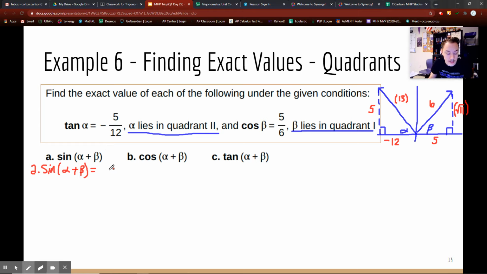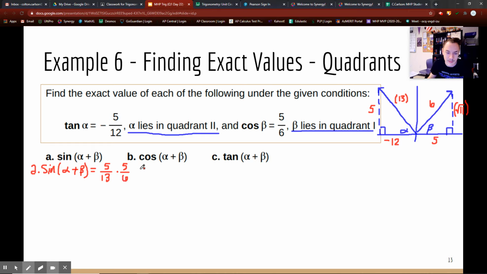I'm going to find first sine of alpha. So sine of alpha, I go over here. What's sine of alpha? It's going to be opposite, 5, all over hypotenuse, which is 13. So that means it's going to be 5 all over 13 times cosine of beta. So cosine of beta is right here. They already gave us, so 5 all over 6. So that's not bad.